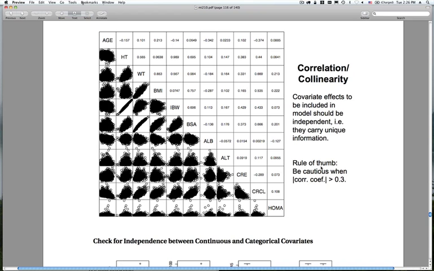What should happen here is that when we build covariate models, the information that each covariate we add should be unique, in that if you happen to remove that covariate effect, the rest of the model parameters are unchanged. And so a rule of thumb that I would use here is that when the absolute value of the correlation coefficient is greater than 0.3, think twice about using those two predictors at the same time on the same model parameter.